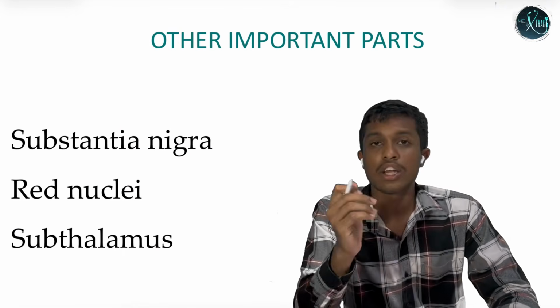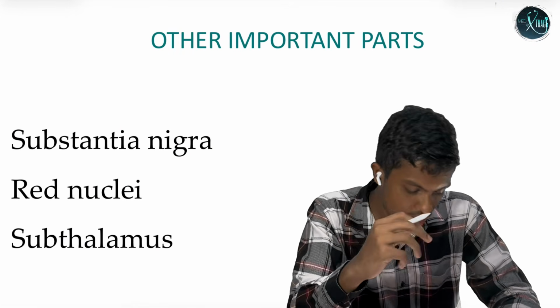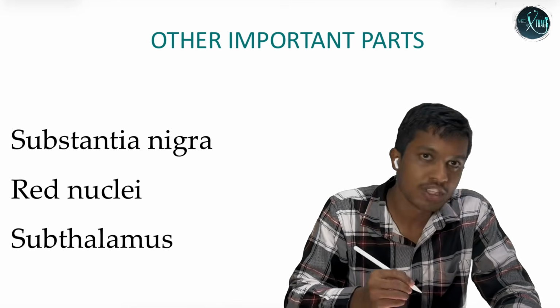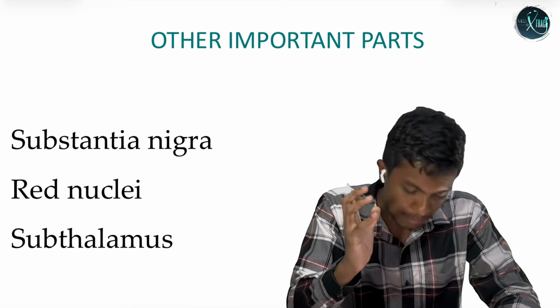Then, functionally, structures of the midbrain are associated with basal ganglia, which include the substantia nigra, red nuclei, and subthalamus.